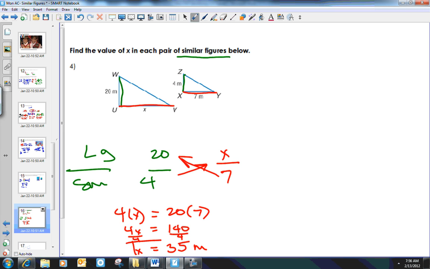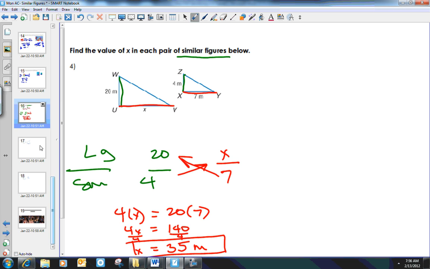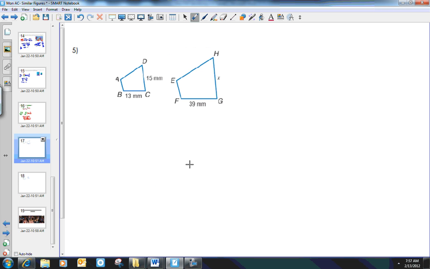Make sure you're putting that label on there. All right, a couple more here, and then you're going to have an assignment to complete. For this one, we do large and small again. We're going to find out what x is.